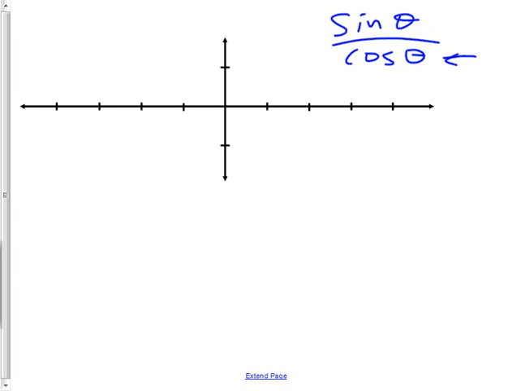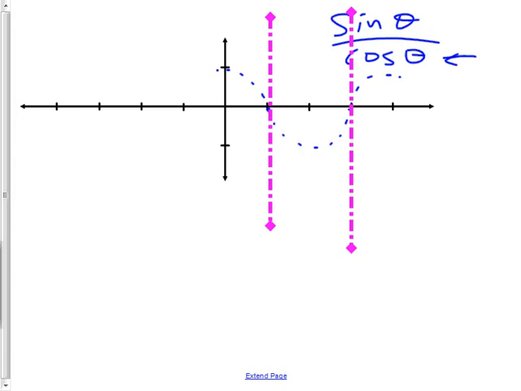So that's where the asymptotes go this time. Last time it was wherever sine hits 0, we would make an asymptote. Now it's wherever cosine hits 0. So here's cosine. I'm just going to make it with a dotted line. There's cosine. And that spot and that spot are the key moments. That's where asymptotes happen.